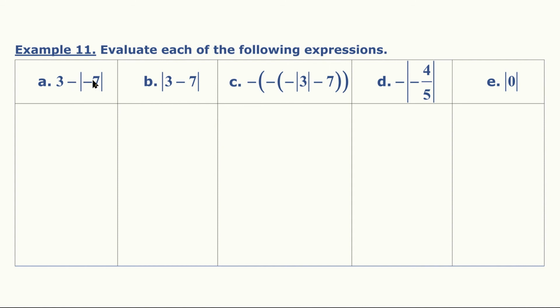You never multiply into an absolute value or a sign or anything like that. So just deal with the absolute value first. We know the absolute value of -7 is just the distance between -7 and 0, so it's just 7. So we just go ahead and say that's 3 minus 7. Now we know that's just going to be -4.